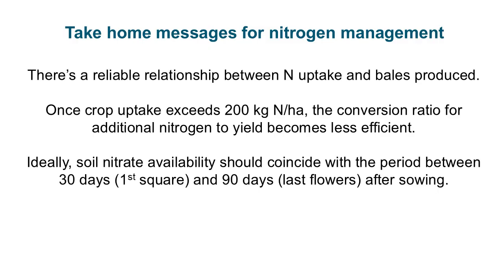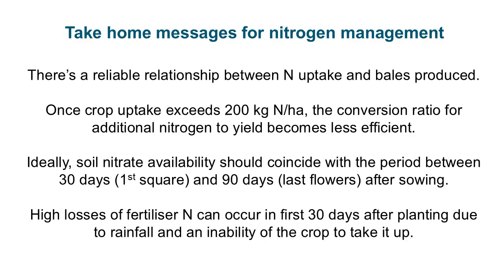Ideally, the availability of soil nitrate to the crop from the soil should coincide with the period between 30 days after sowing, first square, and 90 days after sowing, which is around cutout. High losses of applied nitrogen can occur particularly in that first 30 days after planting due to the crop's inability to take up nitrogen during those early phases and the high risk of rainfall causing leaching or denitrification losses in that period.